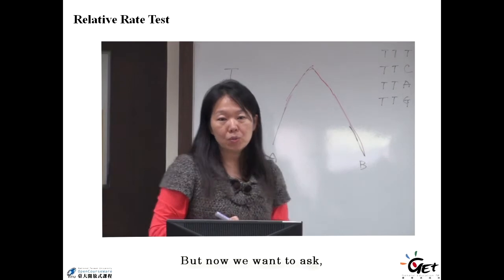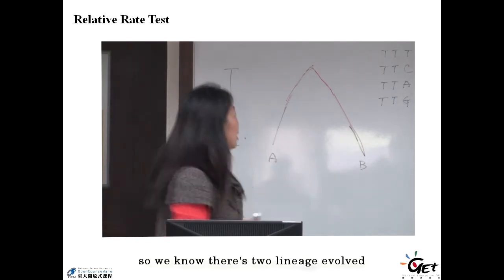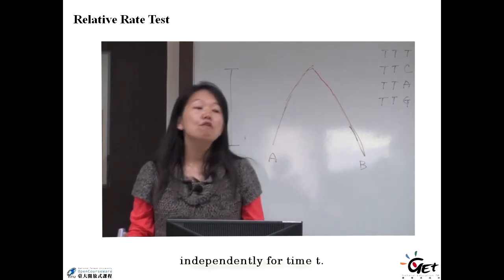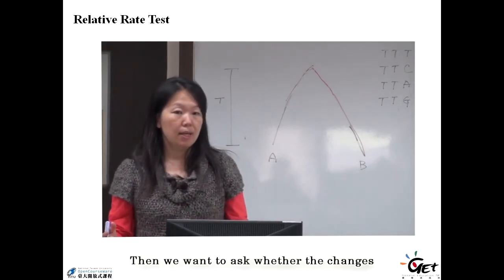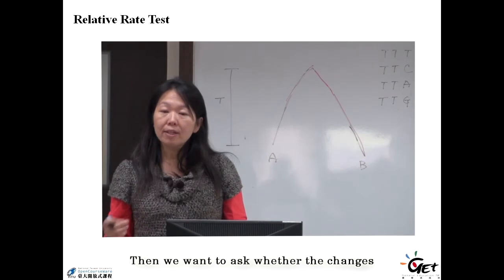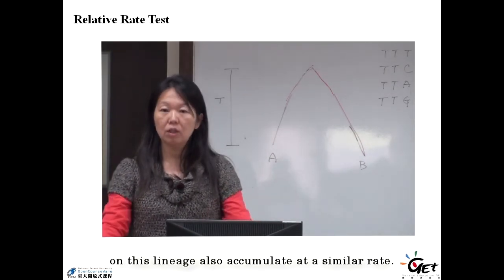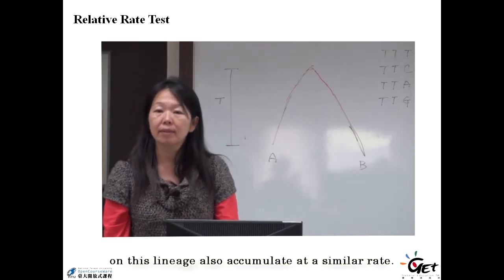We know these two lineages evolve independently for time t. Now we want to ask whether the changes on these lineages also accumulate at a similar rate.